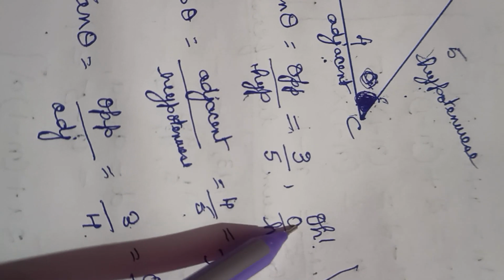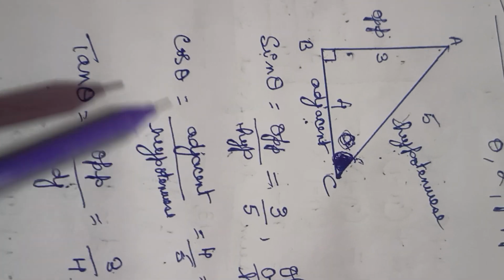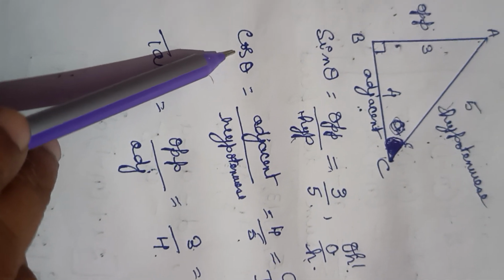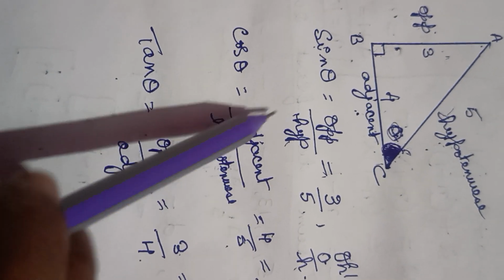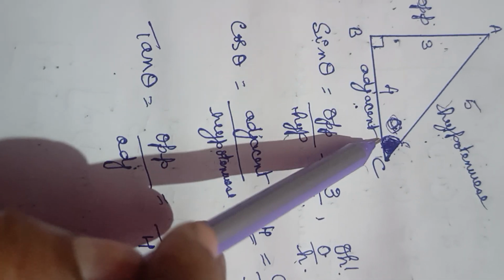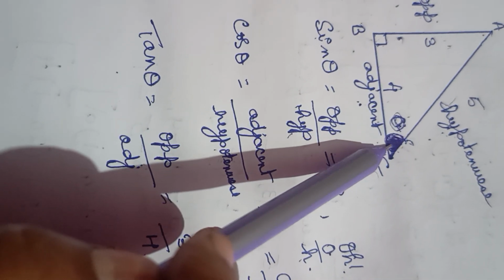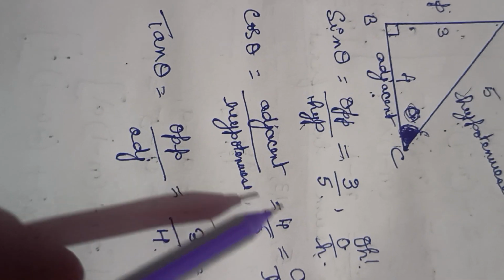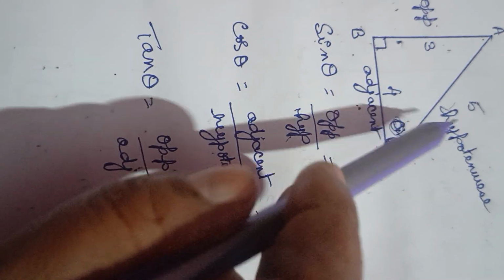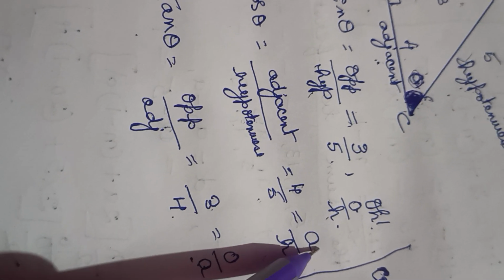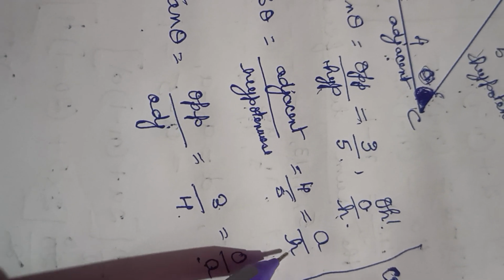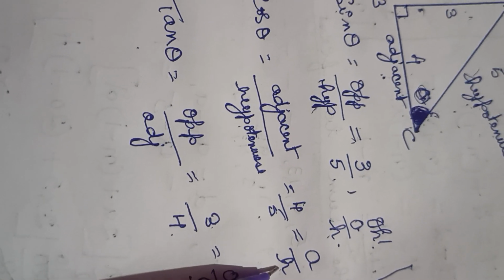O, opposite by hypotenuse. What is cos theta? Cos theta is nothing but adjacent by hypotenuse. Adjacent is the side which is forming the angle theta along with the hypotenuse. So, 4, and hypotenuse is 5. So, we can remember it in an easy way: Aha, that is adjacent by hypotenuse.